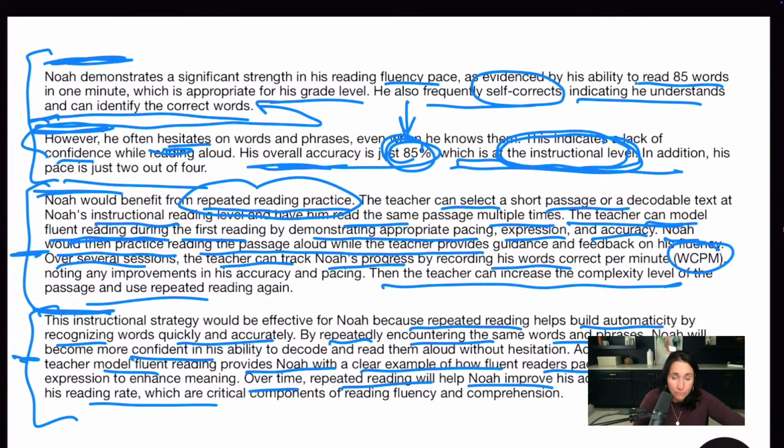You know that 85% is the frustration level. I should say frustration level. Okay. So we know that we want to bump that up. All right. The repeated reading practice should be at the instructional level because the teacher is reading it with the student. Okay. All right. So let me go back to here and see if you guys have any questions.